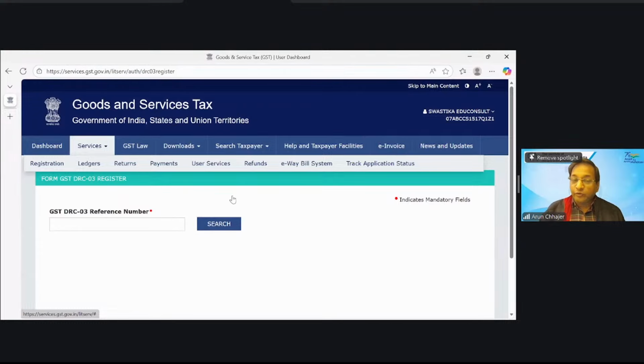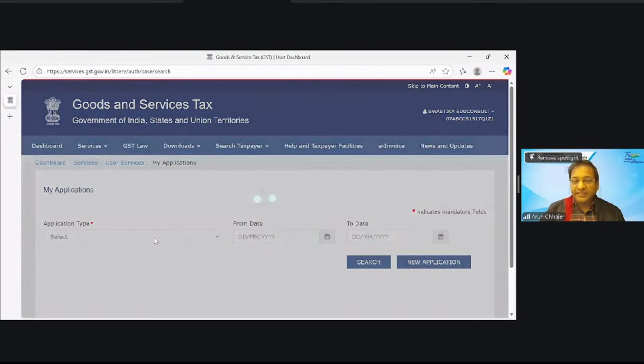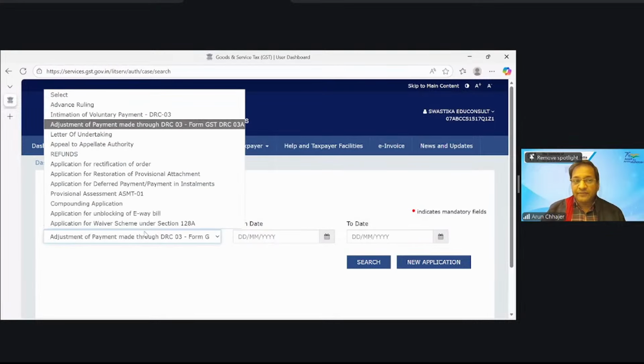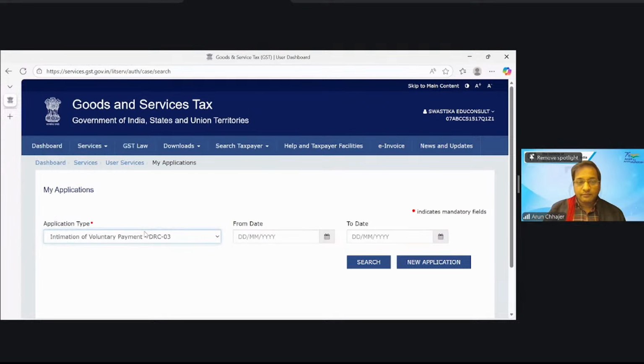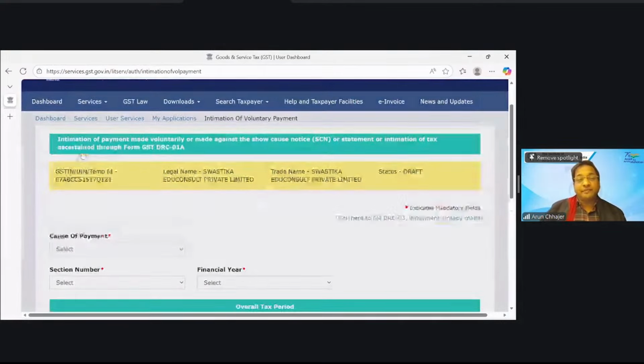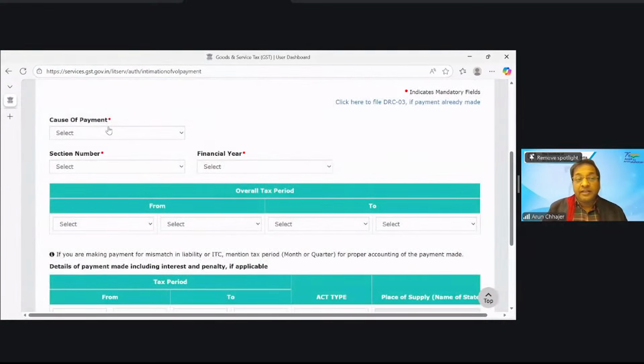If you would like to make a new DRC-03, go to My Applications, select DRC-03 voluntary payment, and then click on New Application. Now this is DRC-03, and you can select the codes of the payment. Whatever we have discussed, that he shall make the payment and inform the officer, will be through this DRC-03. Under which section is he making the payment? In the annual return, it will be Section 44, right.